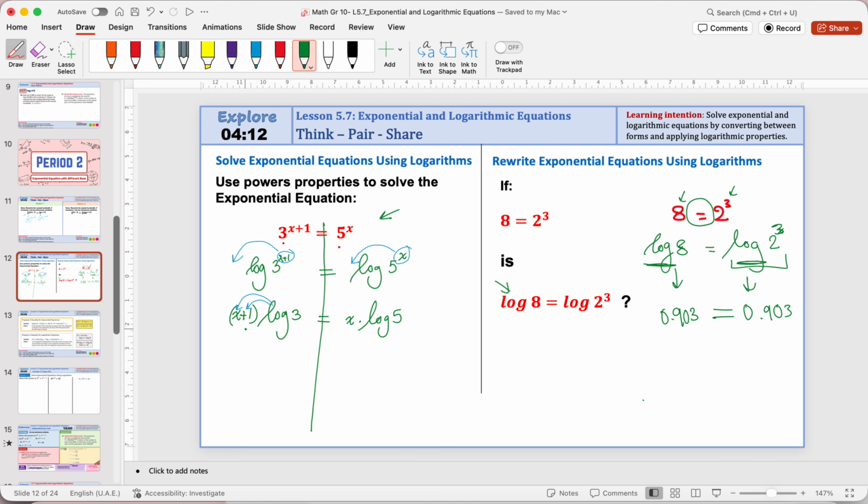It's going to be x multiplied with log 3 plus 1 multiplied with log 3, which is log 3. No need to write the 1. So if you have two terms, then you have to distribute the log. Here I have only one term, so it wasn't really necessary to put a bracket.